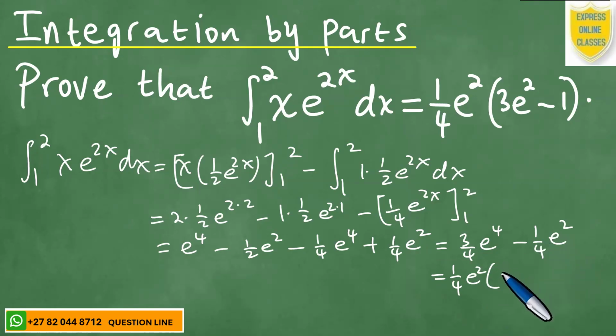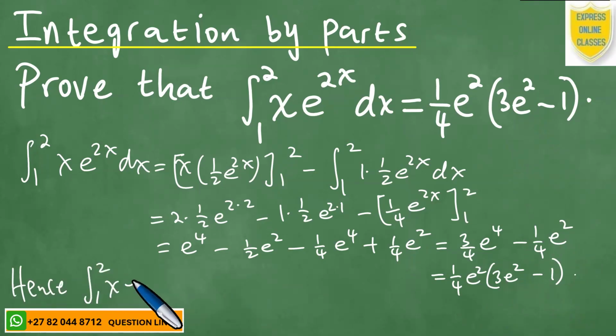And what we get is 3e squared minus 1, which is exactly the result that appears up there. So we can be assured that the integral from 1 to 2 of x e to the power 2x dx is 1/4 times 3e squared minus 1.